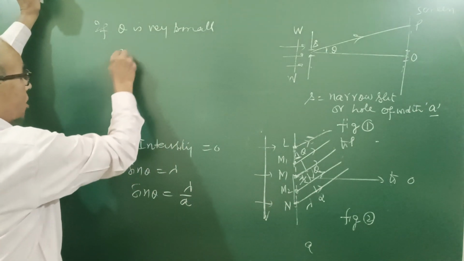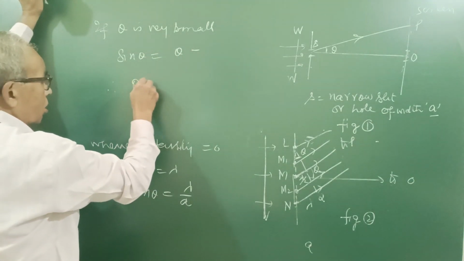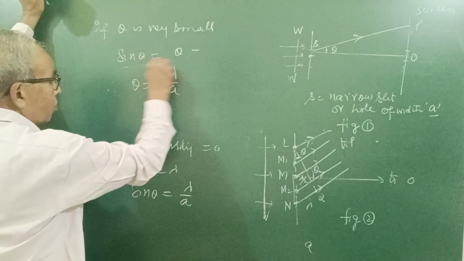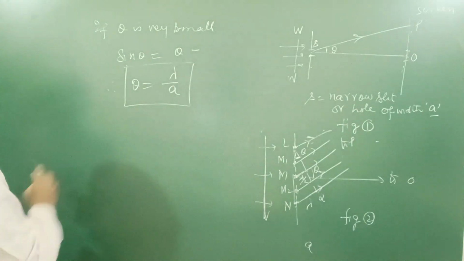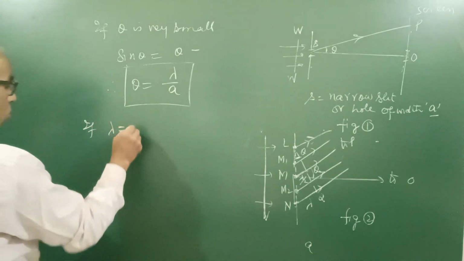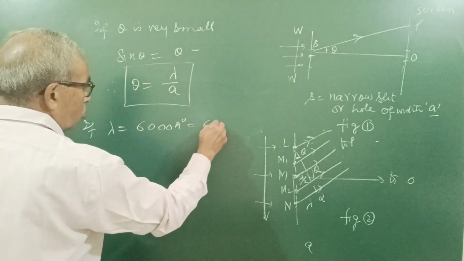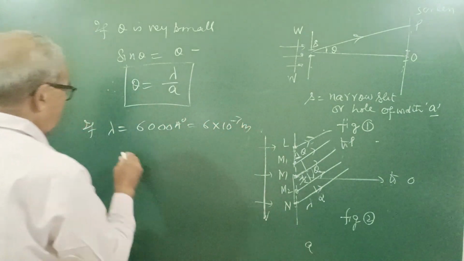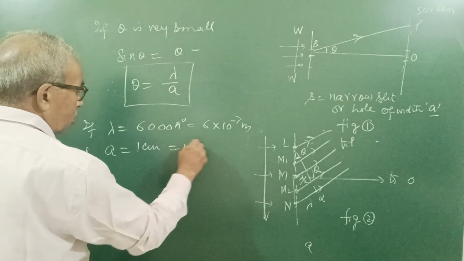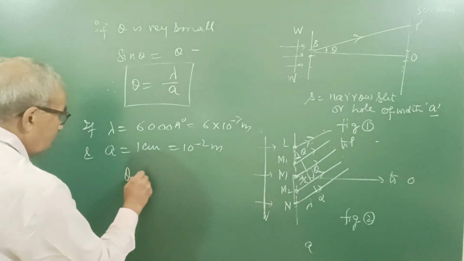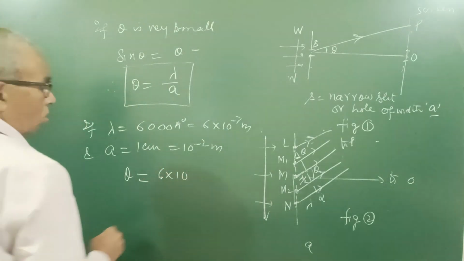Then sin theta is equal to theta, so theta is equal to lambda by A. If lambda is equal to 6,000 angstrom, you can say 6 into 10 to the power minus 7 meter, and A is equal to 1 centimeter, 10 to the power minus 2 meter, then theta comes out to be 6 into 10 to the power minus 5 radian.